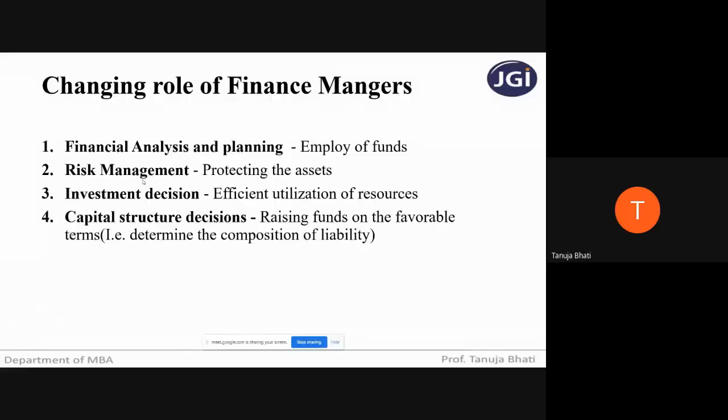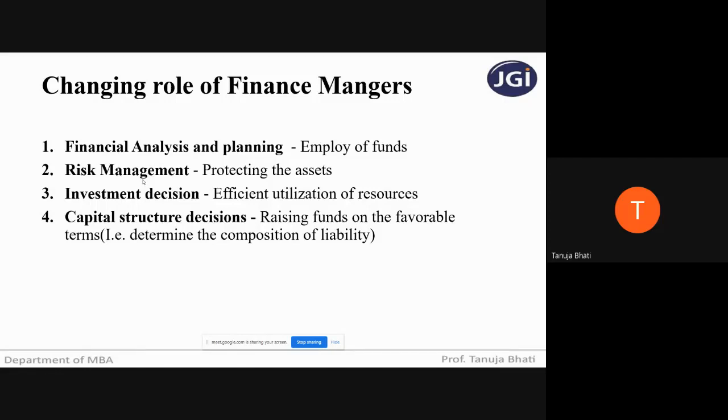Next, capital structure decisions. So here, favorable terms, that is, determine the composition of liability. See, there are two things, that is debt and equity. You know that a company can raise its capital through debt, that is the debentures, through equity, through bank loan.